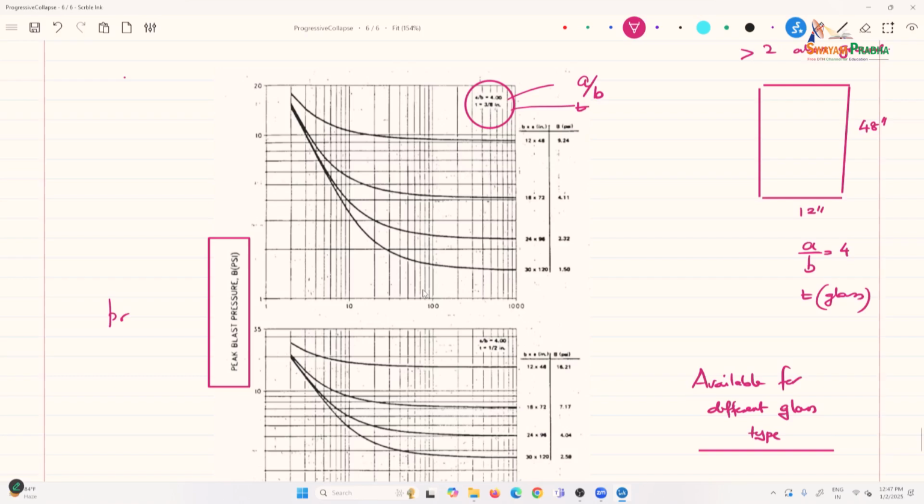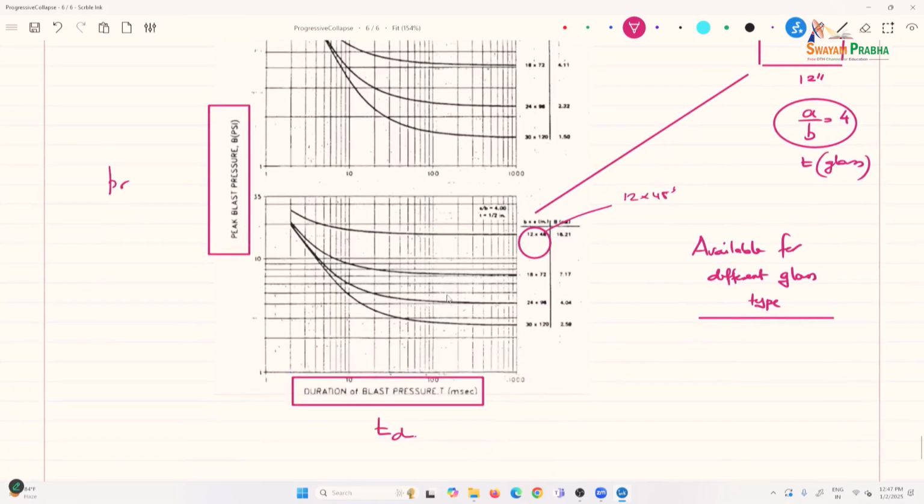Now if this is 12 by 48, for example, although A by B is 4 for both, this one gives 12 by 48. So this is the glass size, and the value here, 9 point, tells you in PSI.